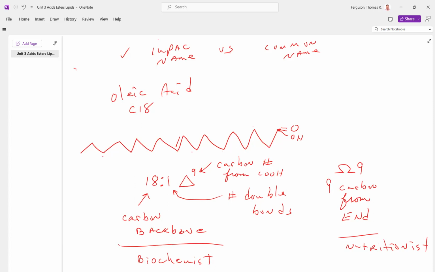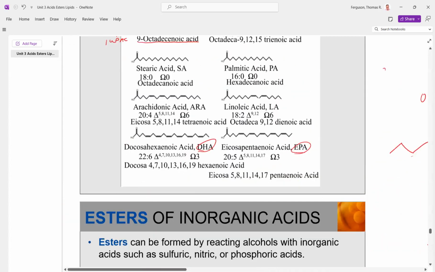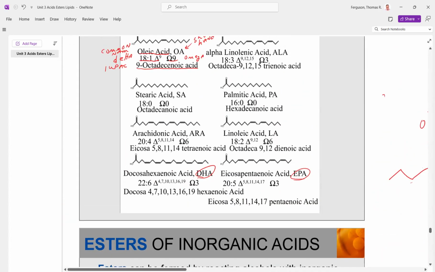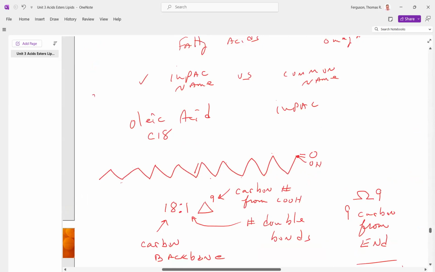Okay, there's a common name, which is oleic acid, and the IUPAC name is going to be 9-octadecenoic acid, or oleic acid.